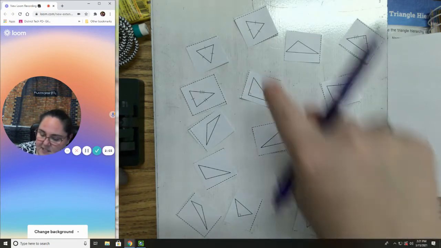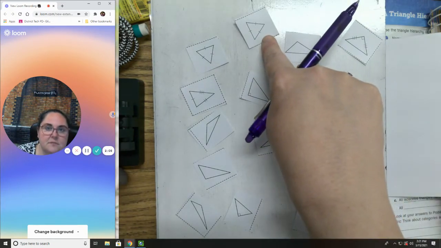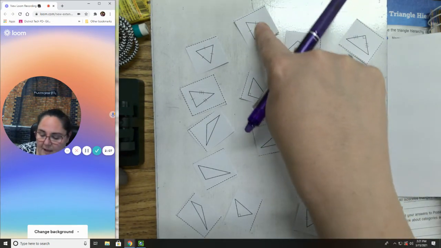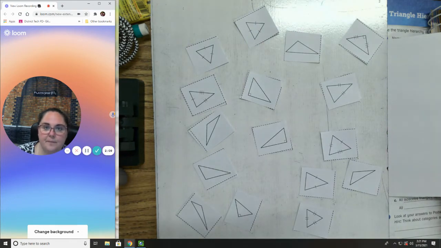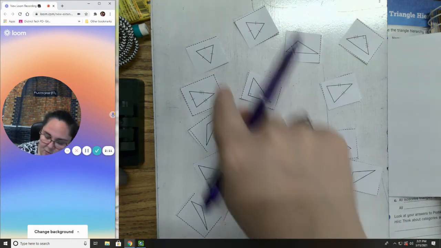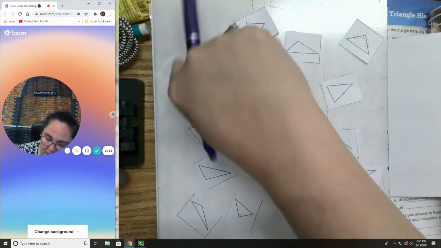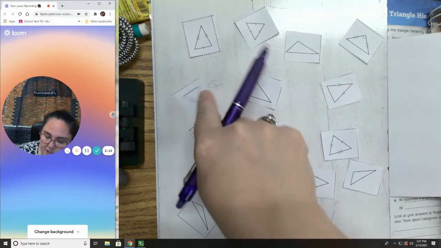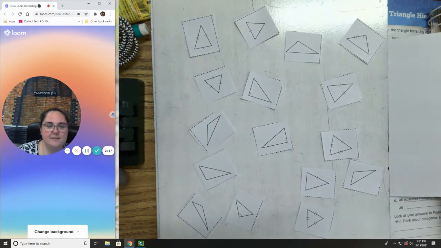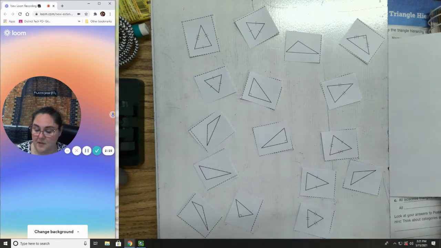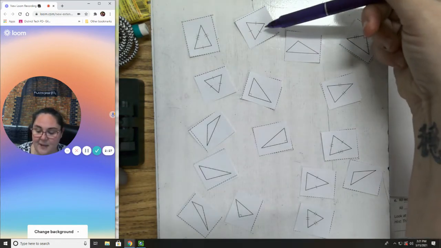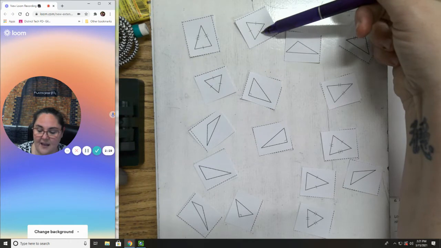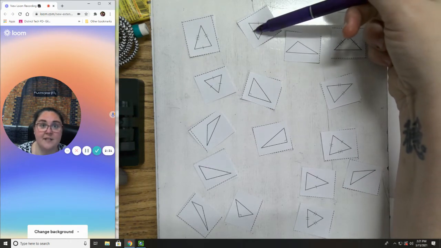Also notice, on this one I have little tick marks. Notice they all have one line. But on this one, I have one that has one line, one that has two lines, and one that has three lines. This is a way that helps people understand the lengths of the sides of a triangle. On this one, this length and this length and this length are all the same.